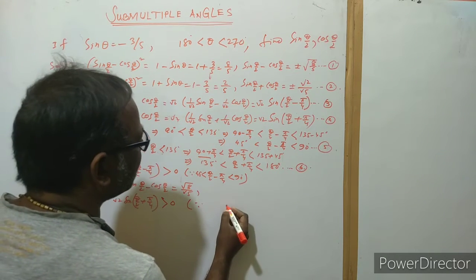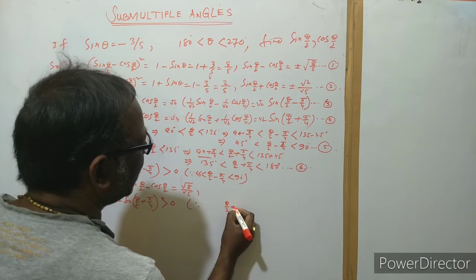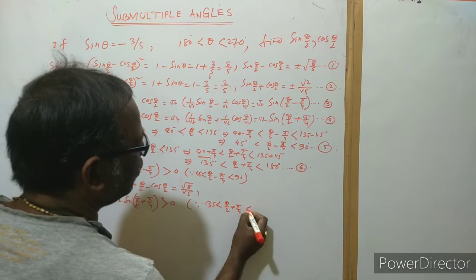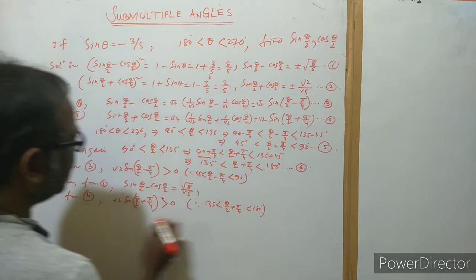So here theta by 2 plus pi by 4 is 135 to 180. So this is being positive.